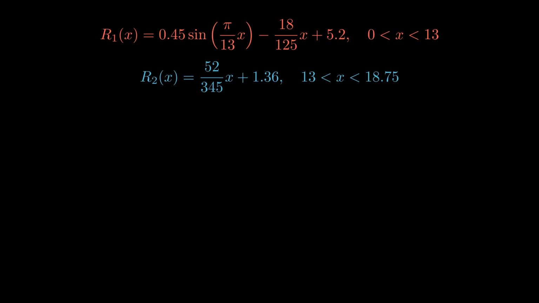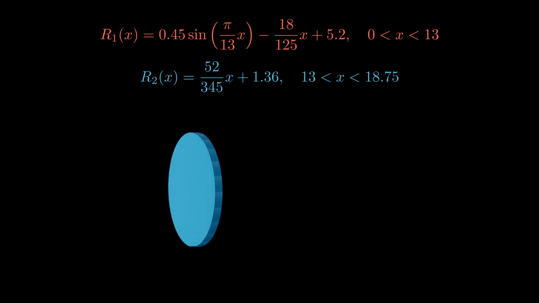By treating each disc as a cylinder, we can use the volume formula pi r squared h. In our case, h is just the thickness of the slice, an infinitesimal dx. So, substituting that in for the height gives us pi r squared dx.